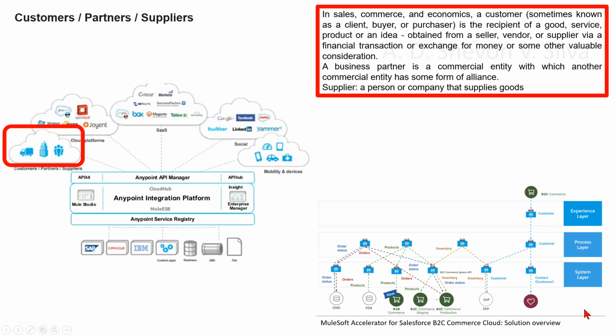MuleSoft accelerators common services, the common components. The MuleSoft accelerators leverage a number of common components referred to as common services. These services include the following: common scheduler, unified scheduling, notification services, send notification, security services, API security policies, API template, and generic implementation template.